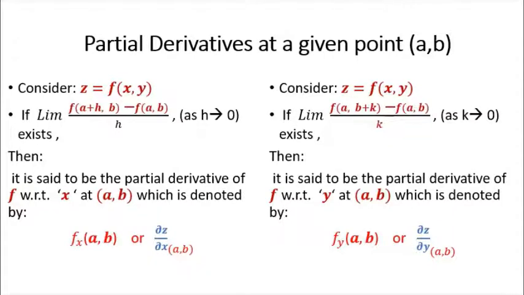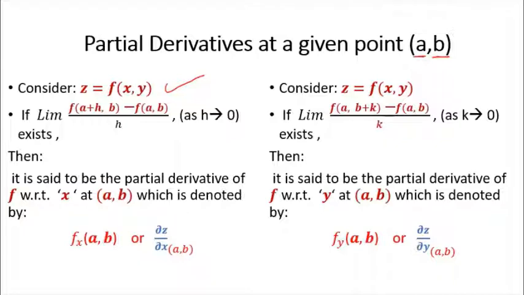So the same concept. Consider a function z is equal to f of x comma y, and at a point a comma b I am measuring the partial derivative. In place of x I will write a, in place of y I will write b, and the definition is the same.